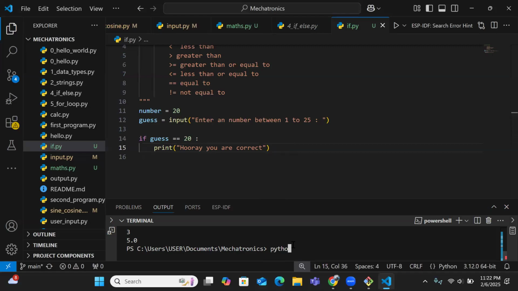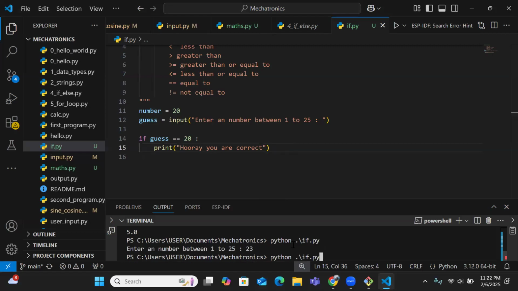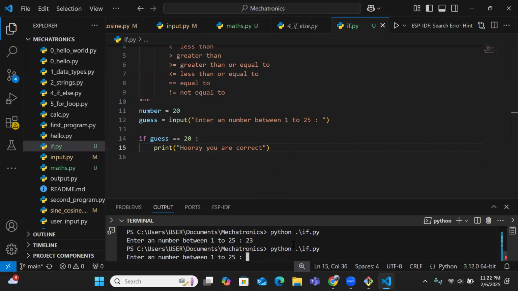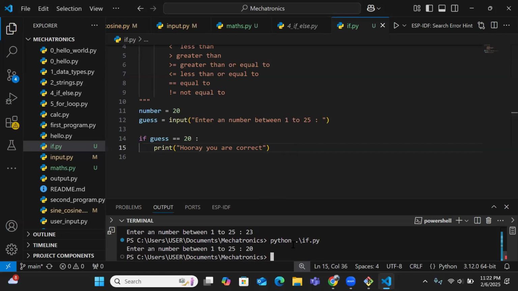So python if.py, then it tells us there, enter number: 21, nothing, or 23. But if I do 20, there is a reason why there is a problem.